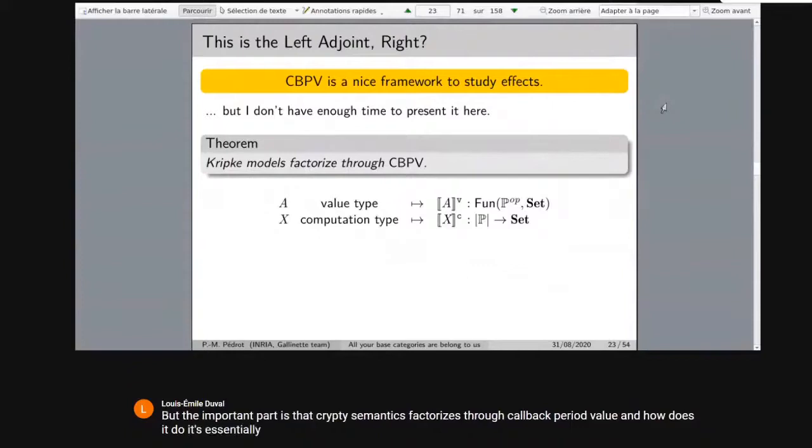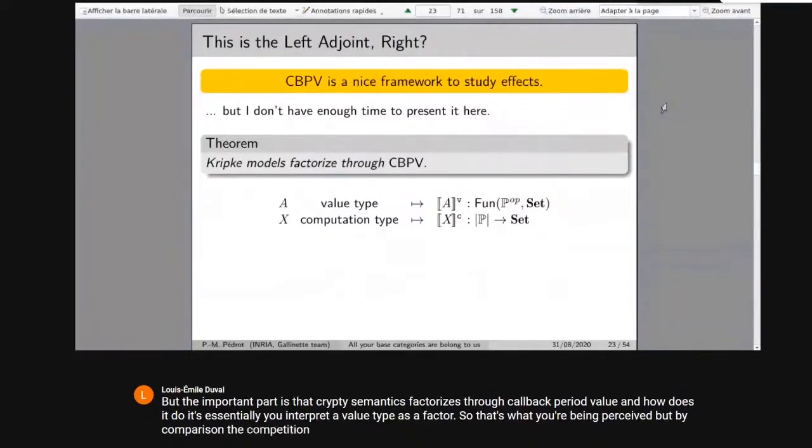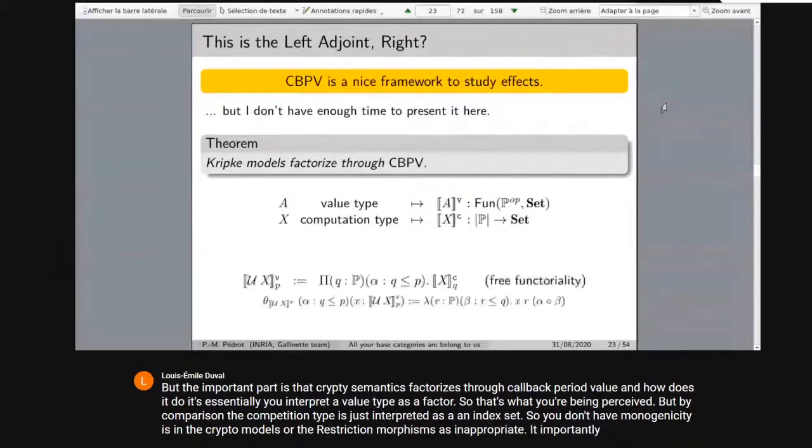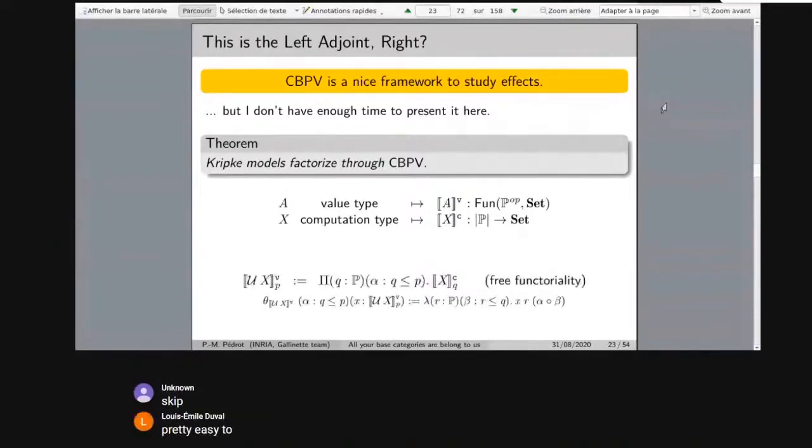Essentially you interpret a value type as a functor, so that's what we do in presheaves. But by comparison, the computation type is just interpreted as an index set. So you don't have monotonicity as in the Kripke models, or the restriction morphisms as in the presheaf construction.